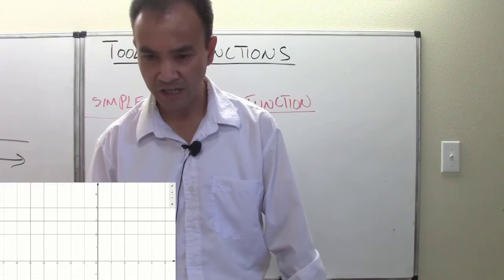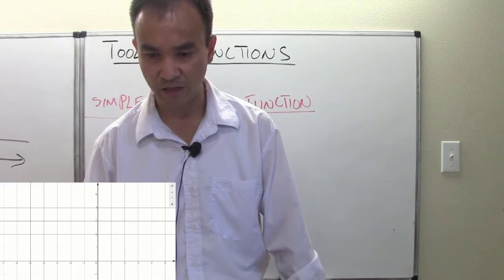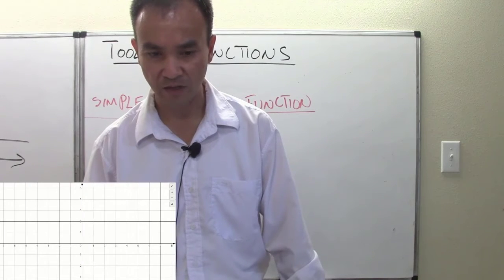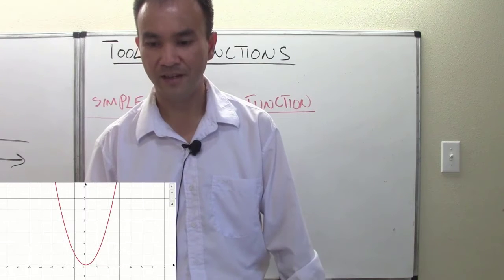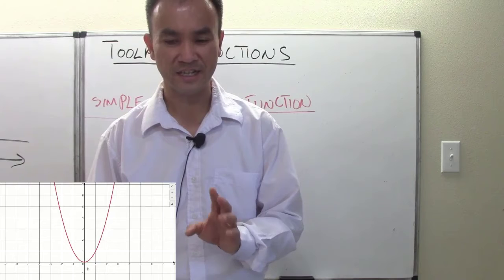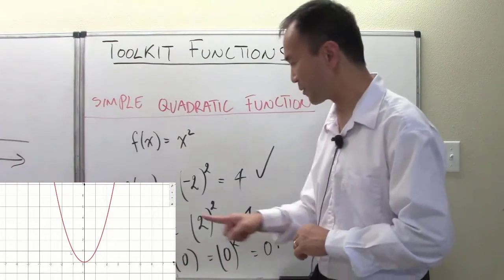So in my empty graphing space, here we go. The simple quadratic function has the graph as follows. Let's find out how it's consistent with what I've shown on the board earlier.